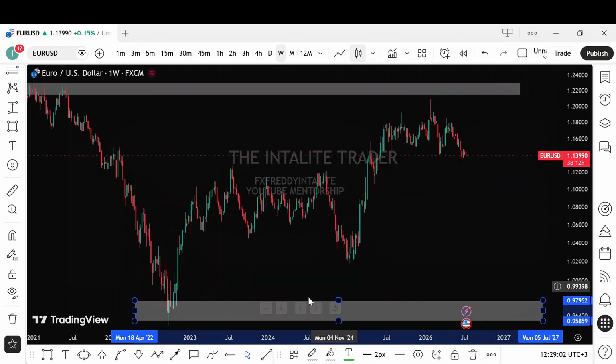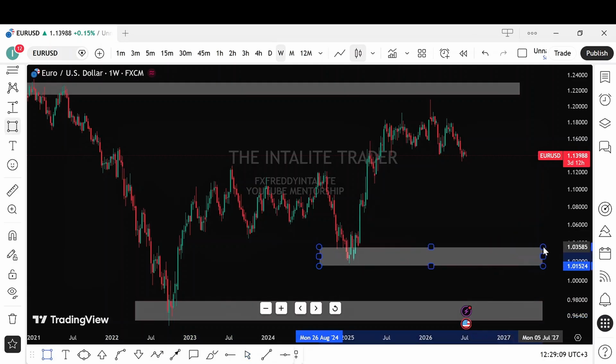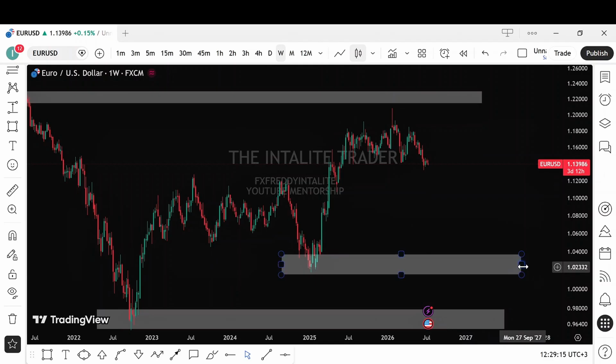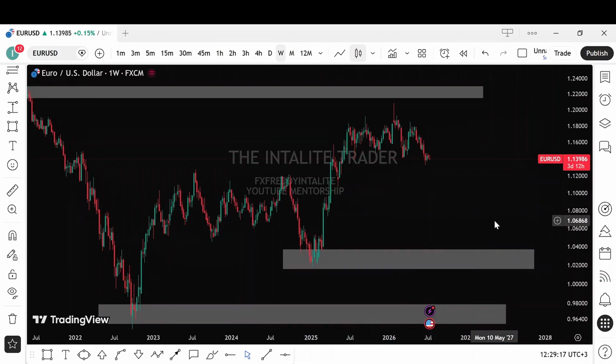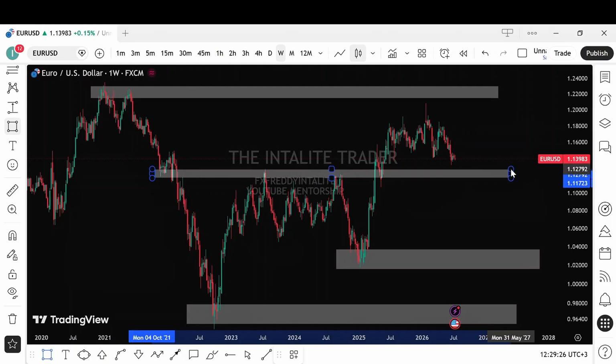The same thing applies to this. Shall mark this relative to where price is right now. This becomes an extreme swing low, and these other levels, these are just usual key levels.